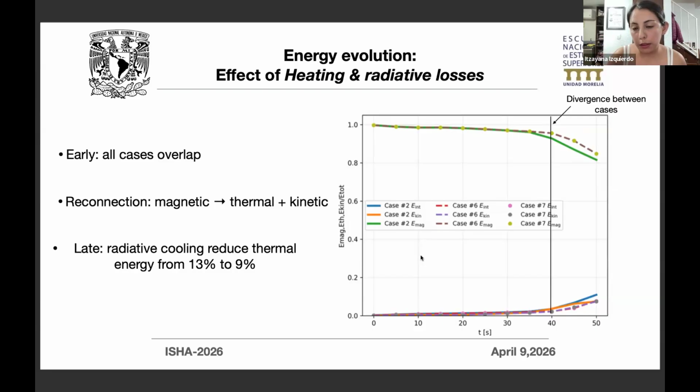the solutions diverge. This is because optically thin radiative cooling reduces the thermal energy. The reduction is from 13% to 9% at the end of the time evolution.